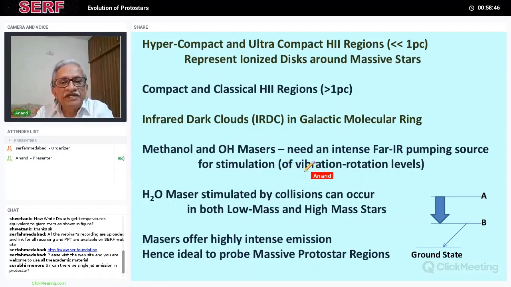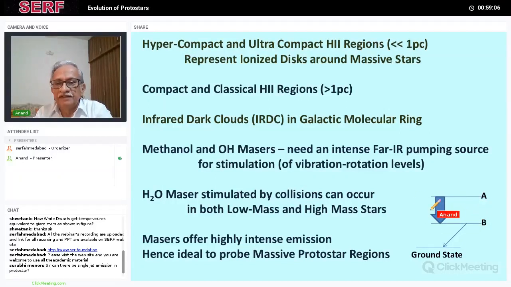They can actually stimulate the vibration rotation levels of these molecules. So here there is the upper level A, lower level B. In the thermal equilibrium situation, Boltzmann equation will tell you that these are more highly populated than this at a given temperature. So the population over here is less than this one.